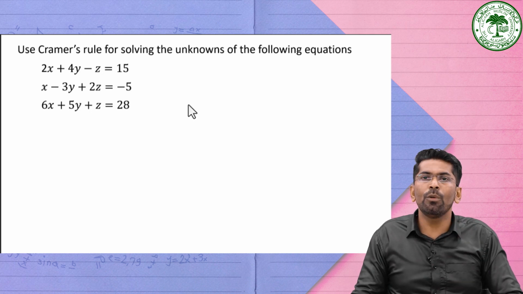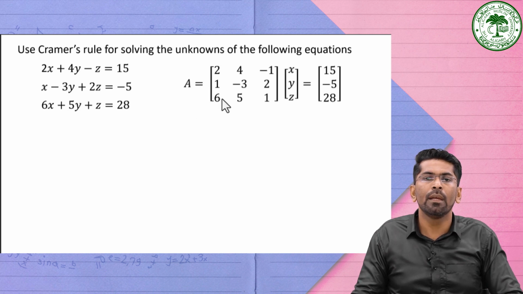So now we are going to rewrite this particular equation in the form of AX is equal to B. Here A is the coefficient matrix of the variables, that is 2, 4, minus 1, 1, minus 3, 2, 6, 5 and 1. And we have the variable matrix, that is x, y and z. And here the constant matrix is 15, minus 5 and 28.